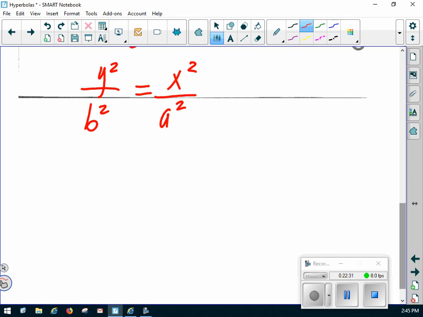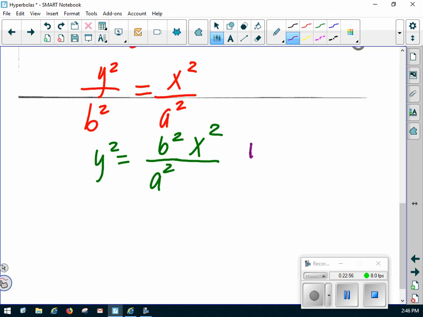I could multiply both sides by b squared. So that would give me y squared equals... So y equals? What's the square root of that? bx over a. But what'd you forget? Plus or minus.